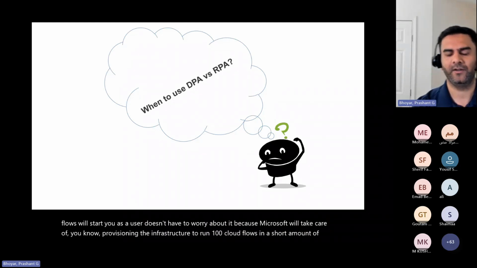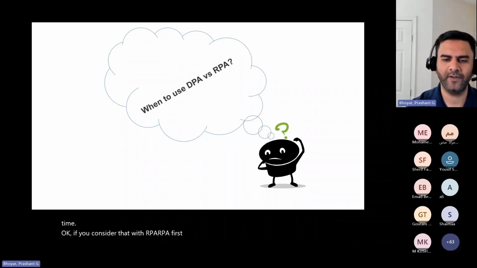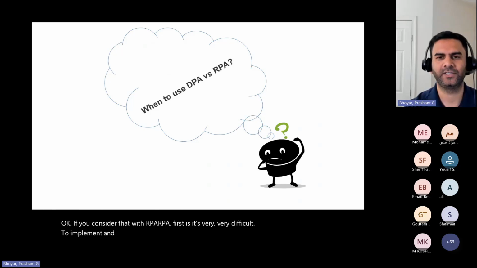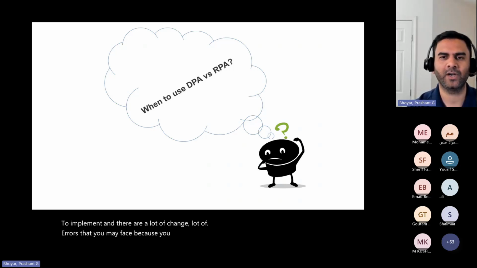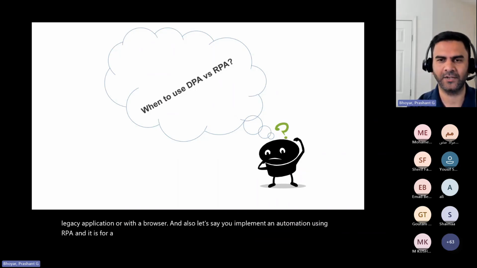If you consider that with RPA, first, it's very, very difficult to implement, and there are a lot of errors that you may face because you are basically mimicking what a human would do with a legacy application or with a browser. And also, let's say you implement an automation using RPA, and it is for a desktop application or a web application.